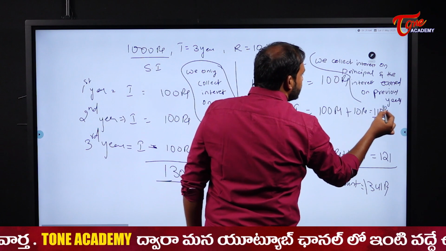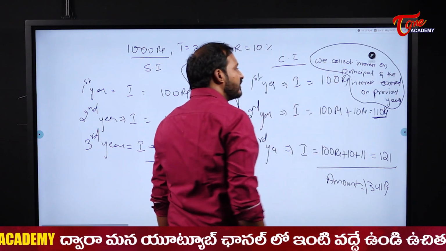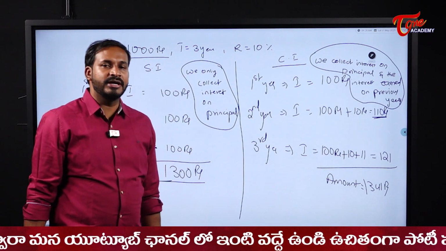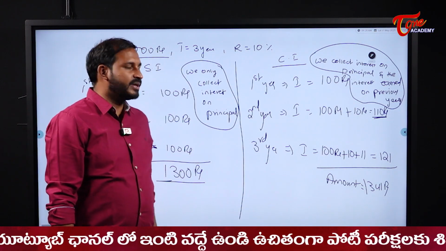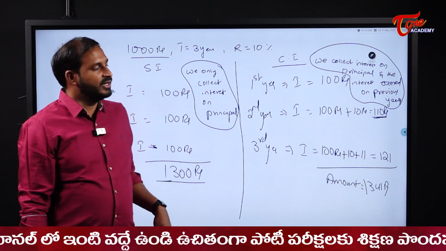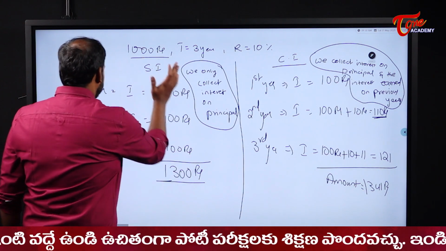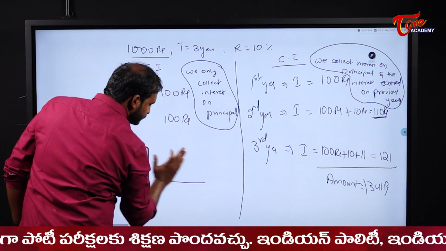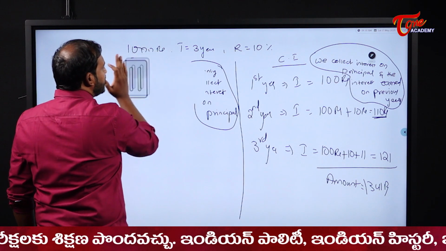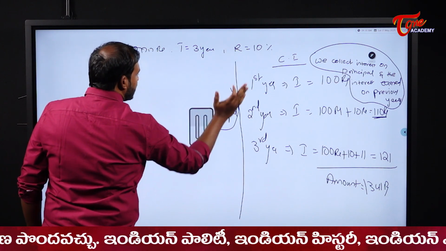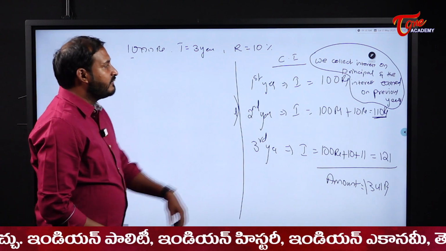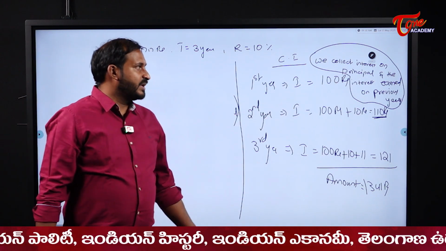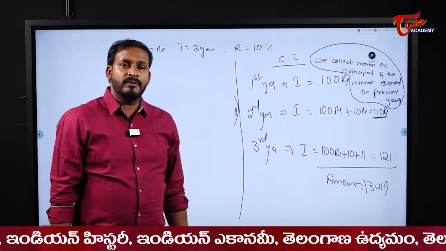For understanding the concept, compound interest means we collect interest on principal and the interest earned on the previous years. Now, students, let us observe things a little differently and change the definition with an understanding.